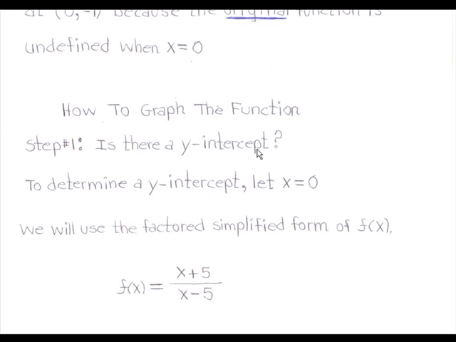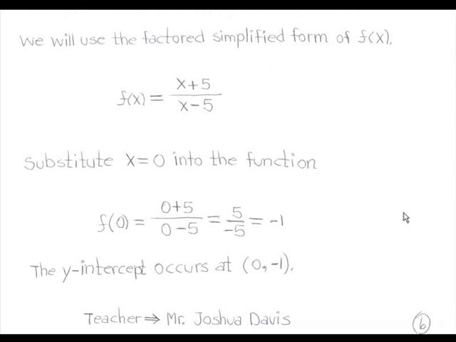So, is there a y-intercept? Well, to determine a y-intercept, let x equal 0. We will use the factored simplified form of f of x. And that simplified form is f of x equals x plus 5 divided by x minus 5.